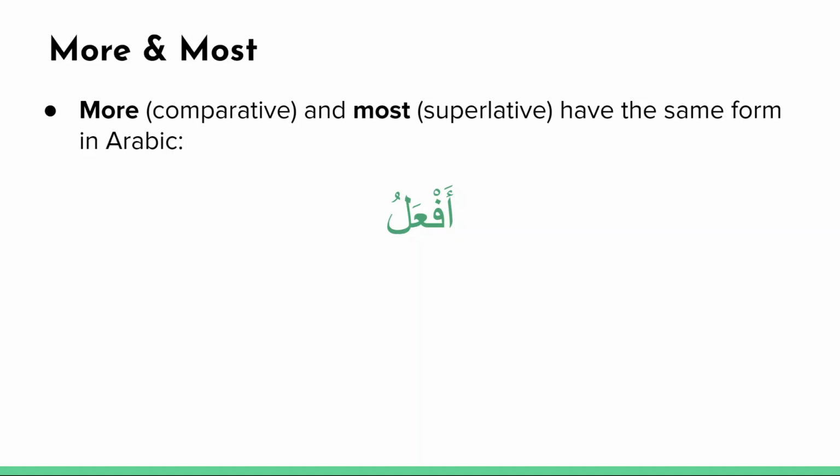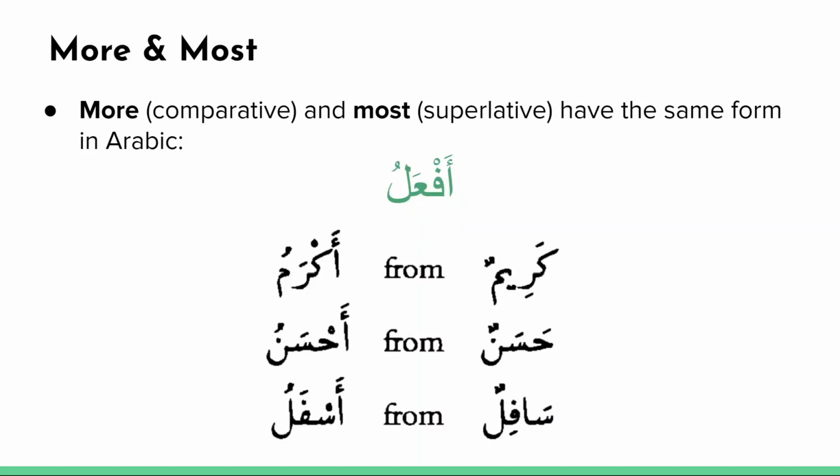Okay, so what do I mean by that? What I mean is, let's say you have some adjective like kareem. The root letters of kareem are kaf, ra, and mim, and kareem means generous. So in order to turn this into more generous or most generous, I simply put an alif with a hamza at the beginning with a fatha, and then read the word like akramu.